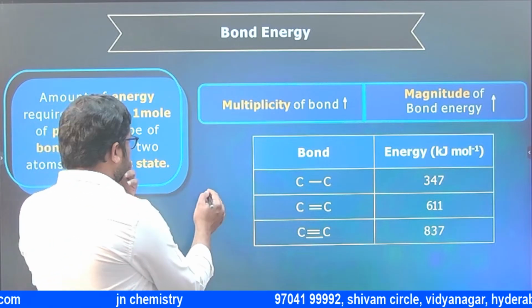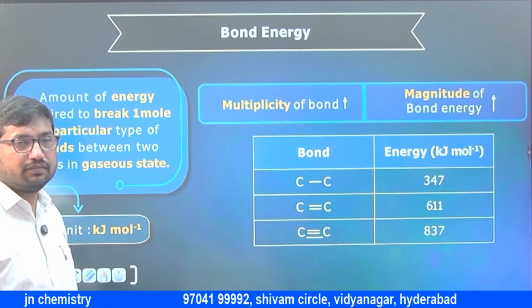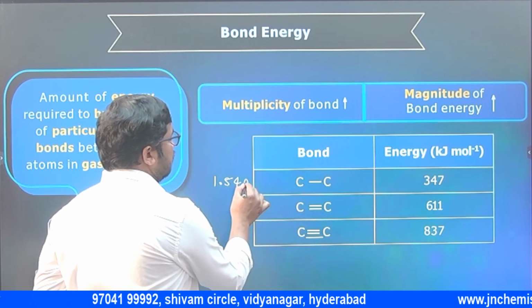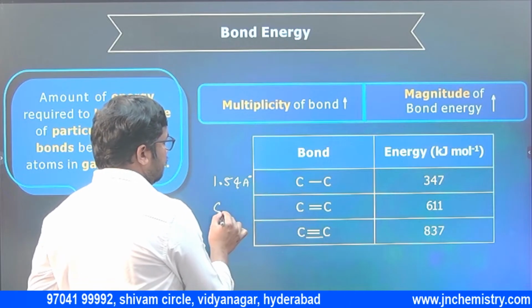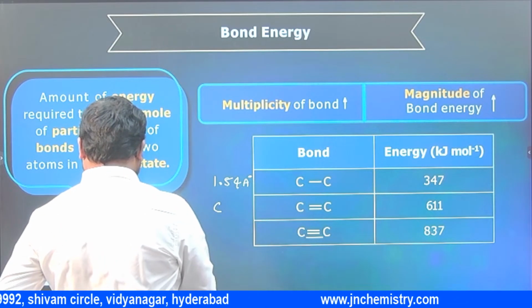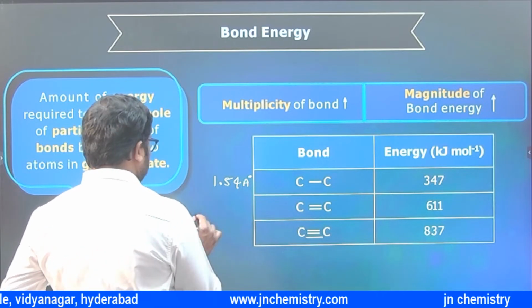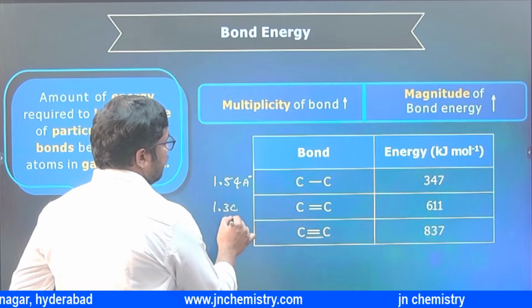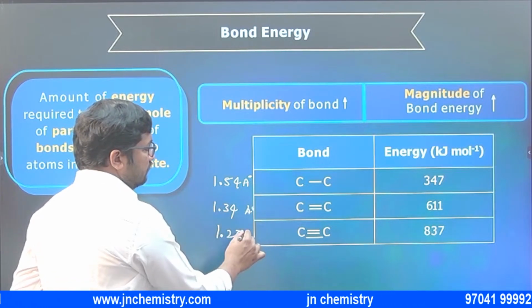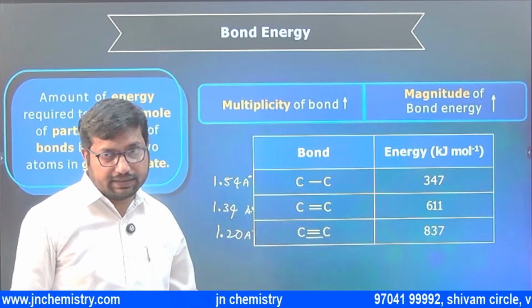C-C bond length is 1.54 angstrom, C=C is 1.34 angstrom, and C≡C is 1.20 angstroms. So bond energies are 347, 611, 837.